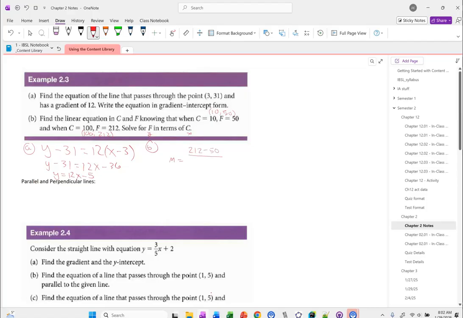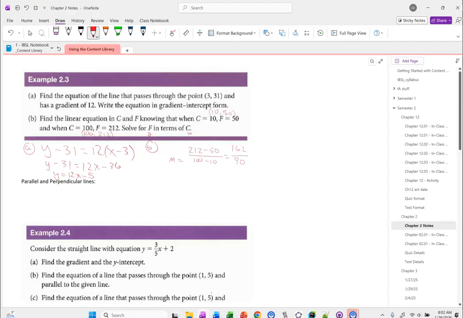y1 minus y2. Right? So what is that going to be? 162 over 90. Can that reduce?